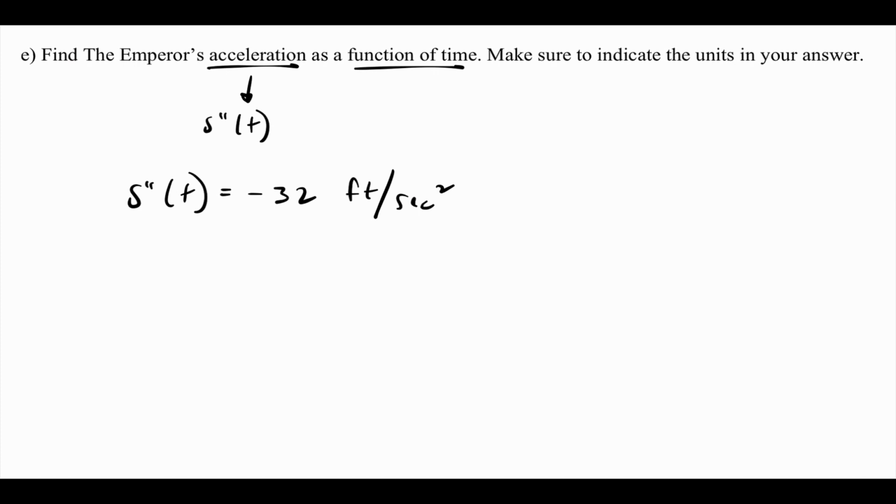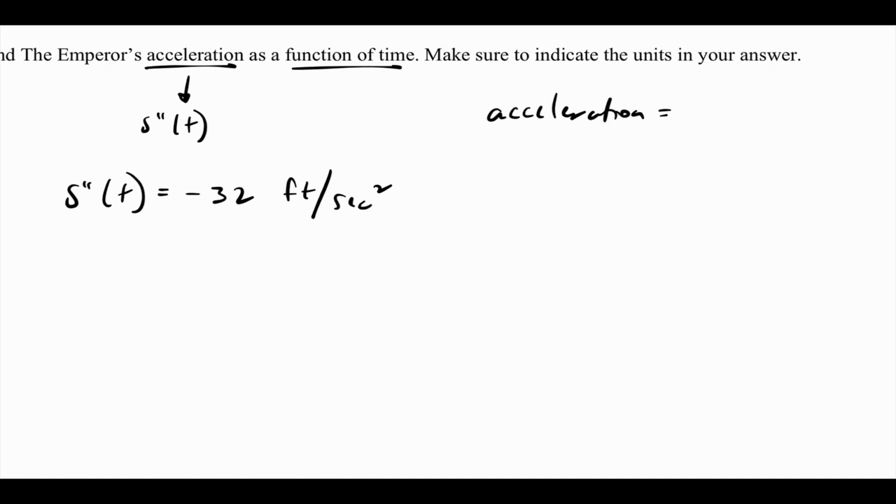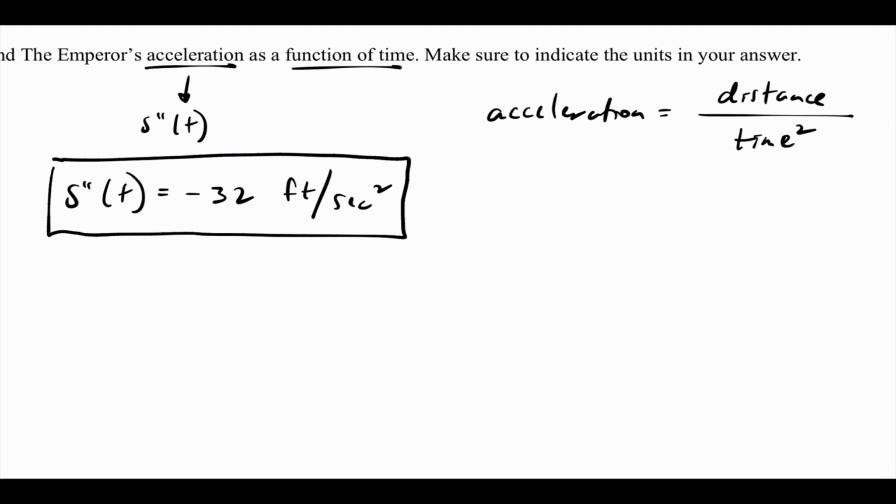Squared. Time squared. It's distance over time squared. So acceleration is always distance over time squared. Velocity is just distance over time. Position is just distance. And you're done.